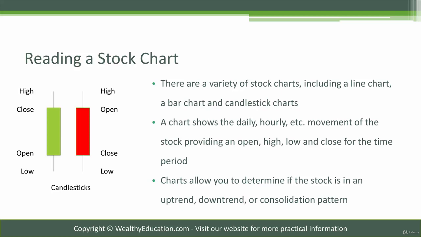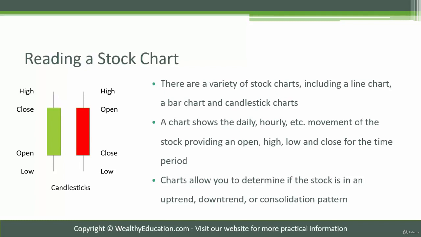Let's talk about the design of the candlestick. You'll have a green or red body, which is shown here. That's the body of the candlestick. And then you'll have a wick. You can have a wick on the top and a wick on the bottom of the candlestick. Each of these is a wick. So for our green candlestick, the top point of the wick is the high price for the stock during that time period.